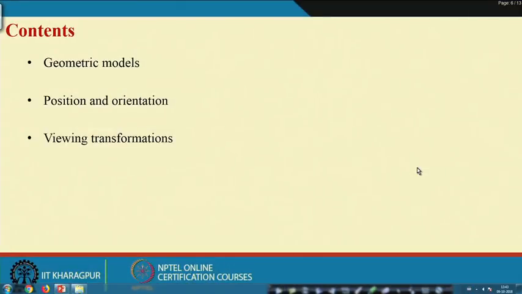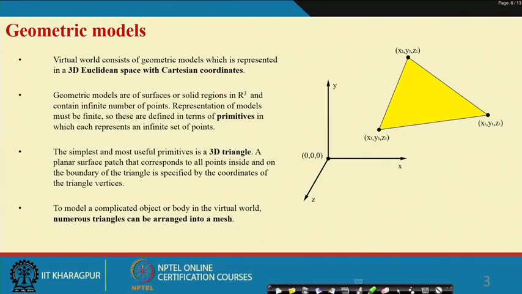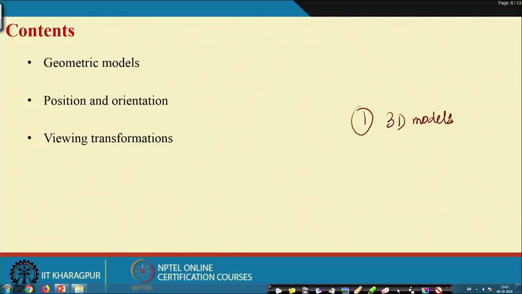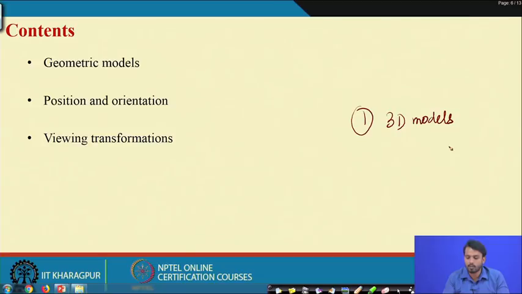In this lecture we will cover geometric models, position and orientation, along with viewing transformation. In the previous lectures, in the beginning, you were taught about three subjects. First, your 3D models, which are very essential for the development of a virtual reality environment.